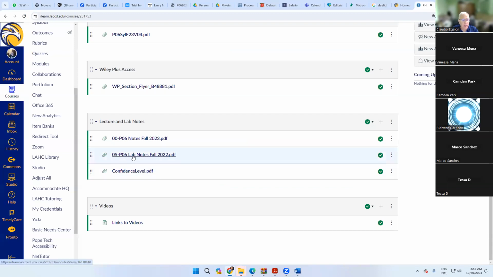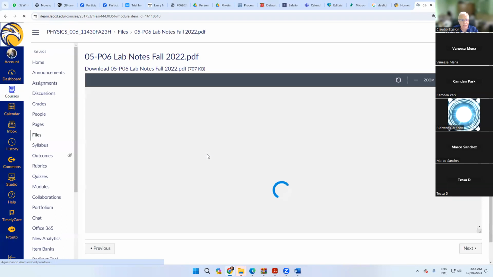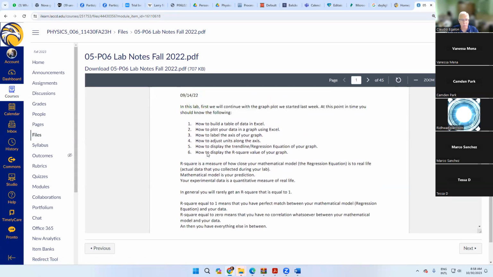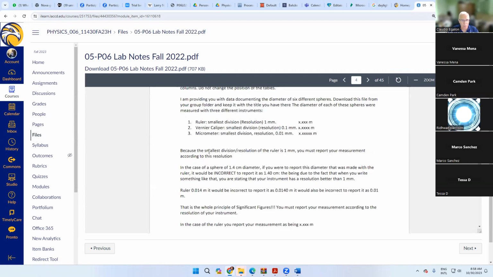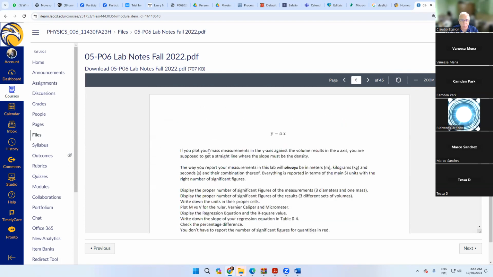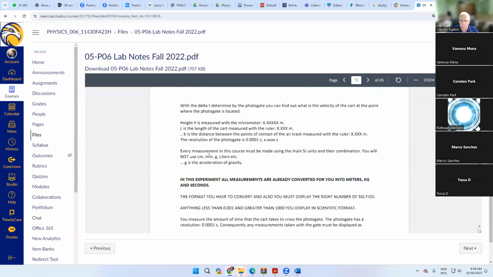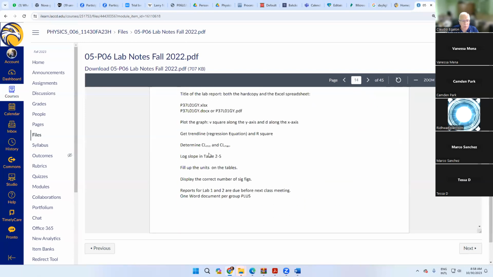Yeah, lab notes. Why did I put lab notes here? Interesting. 2022, but it looks like it's just lab notes. Can't be only lab notes. Let's take a look. Yeah, it looks like it's just lab notes.